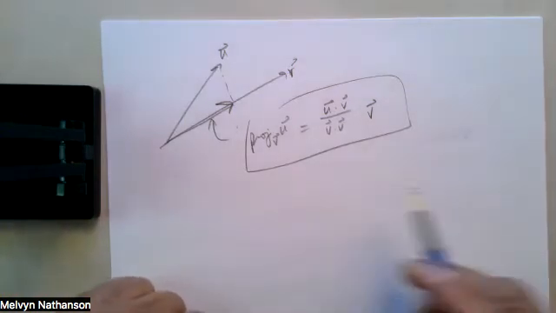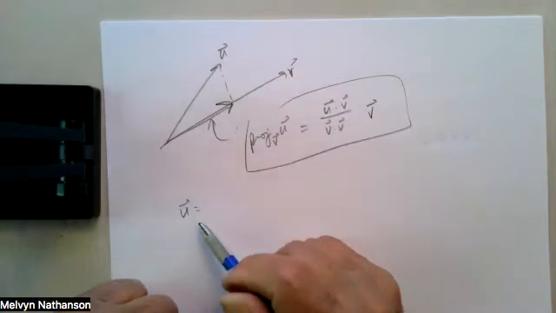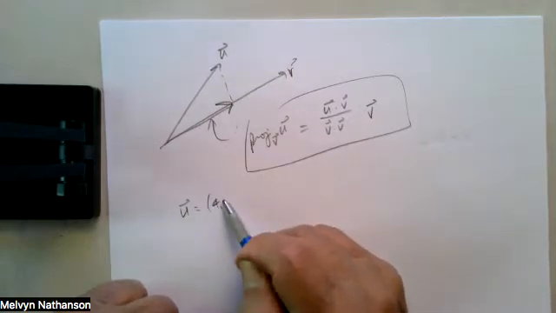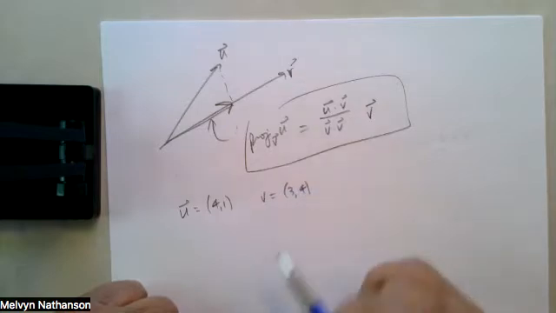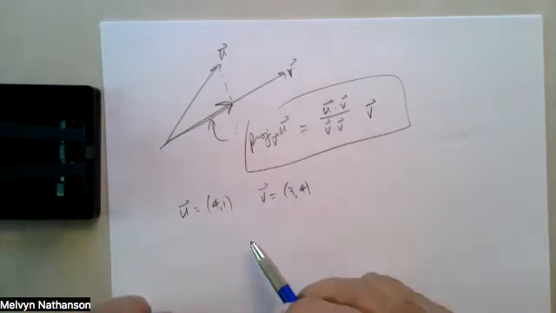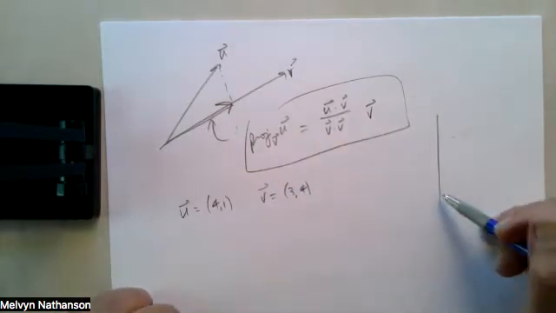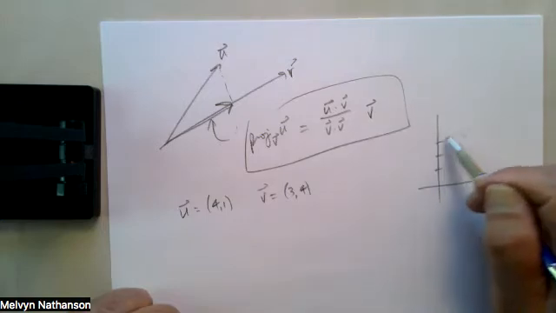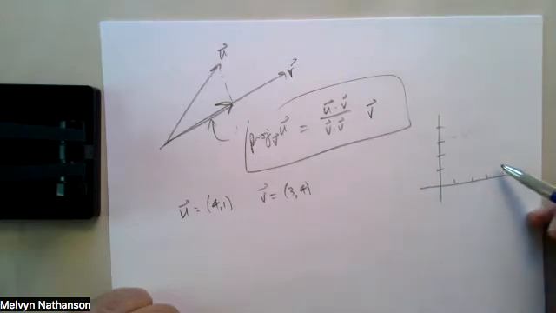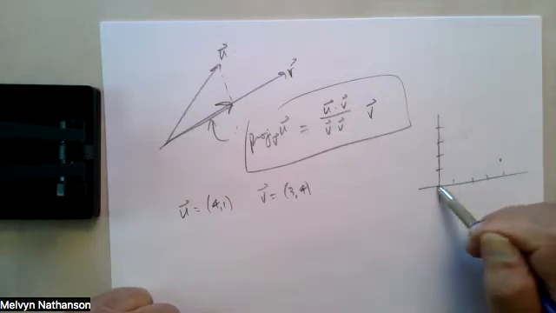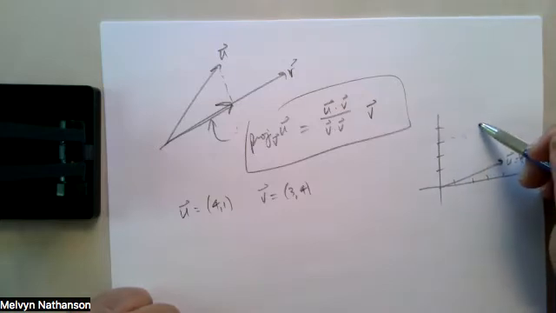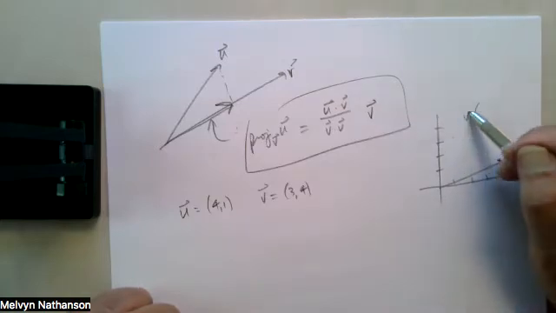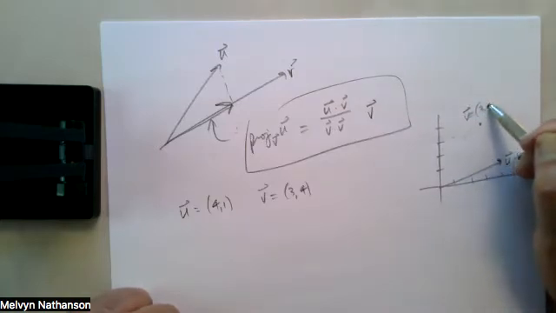So for example, if u is the vector 4, 1, and v is the vector 3, 4, I'll draw a picture of these. So the vector 4, 1 is there. And the vector 3, 4 is there.